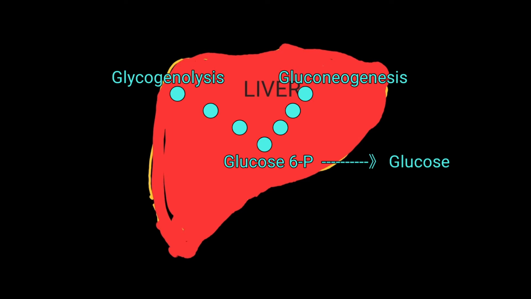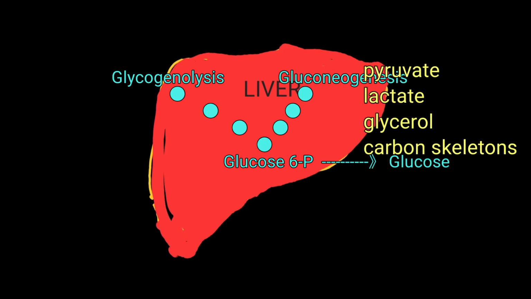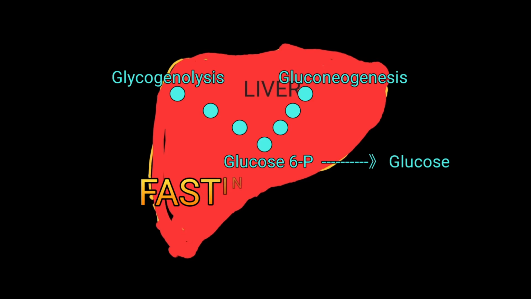Glycogenolysis breaks down glycogen, providing glucose from glycogen stores, whereas gluconeogenesis will use smaller molecules as precursors, like pyruvate, lactate, glycerol, and other carbon skeletons derived from amino acids to produce glucose. Both of these pathways, glycogenolysis and gluconeogenesis, are more active in the fasting state.